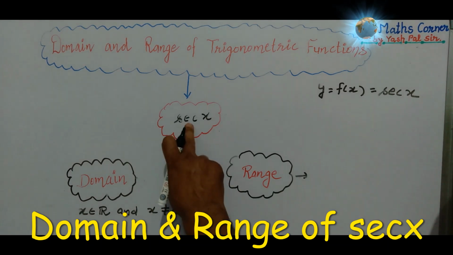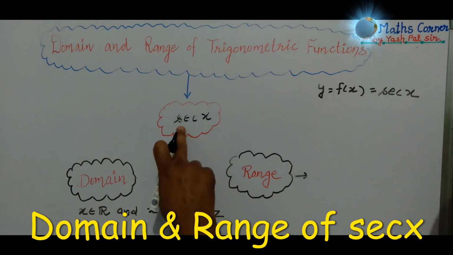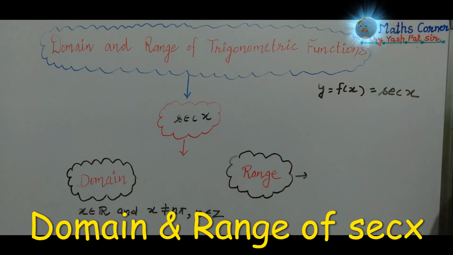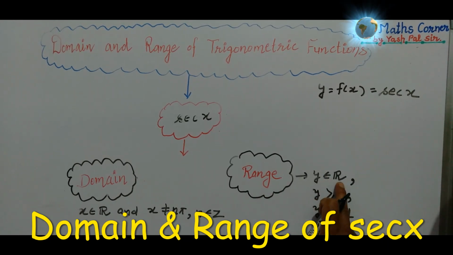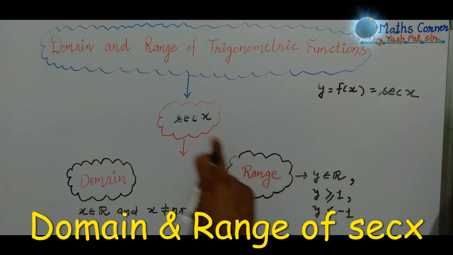Secant takes the value infinity. Similarly, we can discuss about range of secant x from the graph. Range y is the set of all real numbers, but here greater than or equal to 1, less than or equal to minus 1. Okay, so this way, this is the range of secant x.